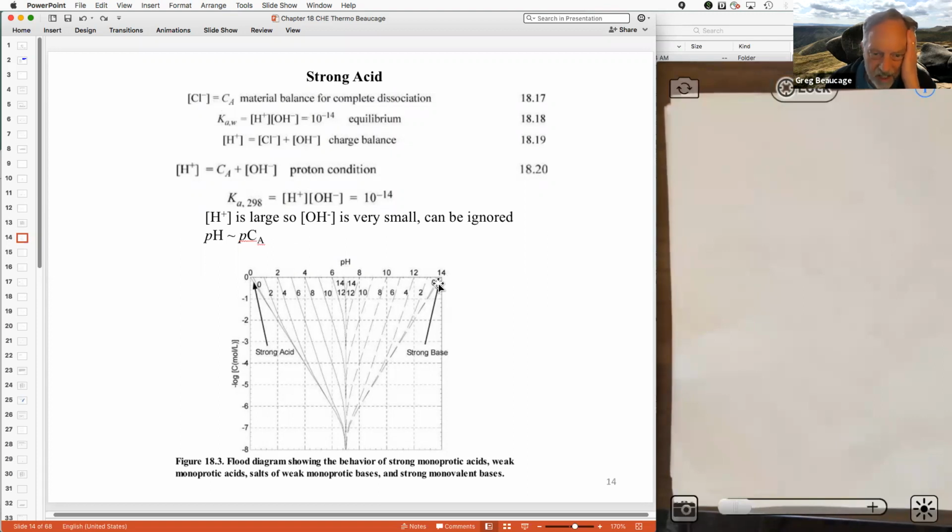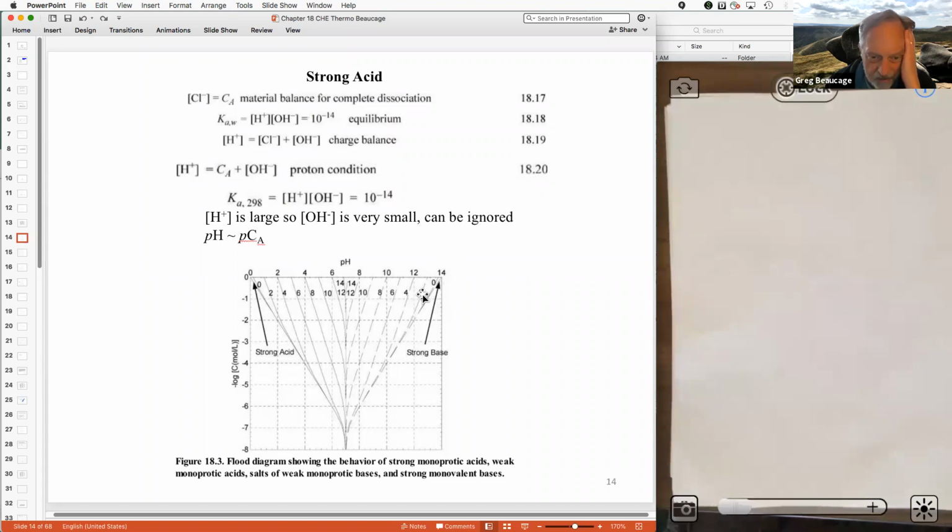Like there's a strong acid, the OH part will be parallel. In other words, 14 to 13 will be to 1, and then 14 to 12 will be to 2. So you see that line goes straight through proportionality, and then 1 to -1 will be right, and then 2 to -2 will be here. So that's the line for strong acid and strong base.